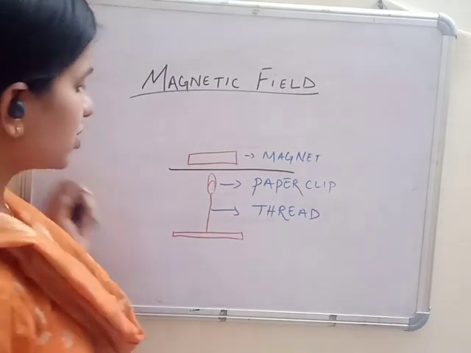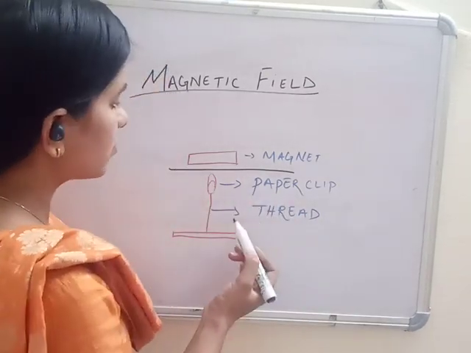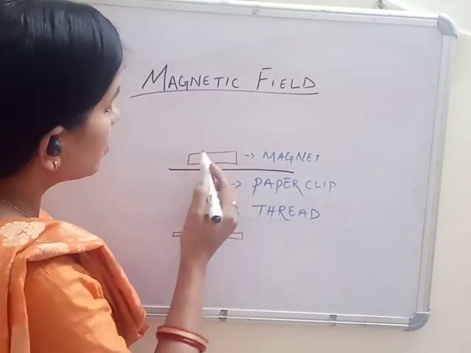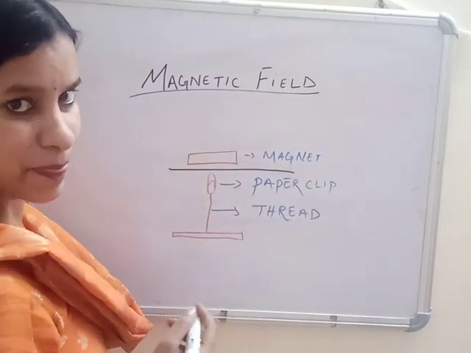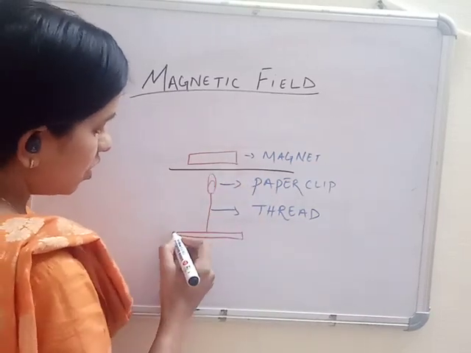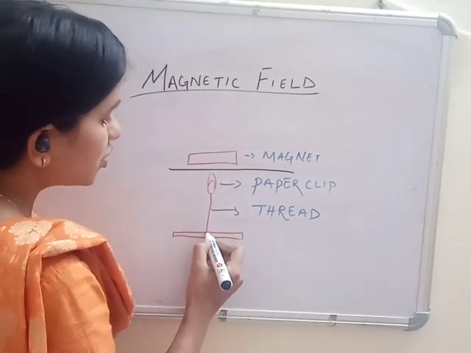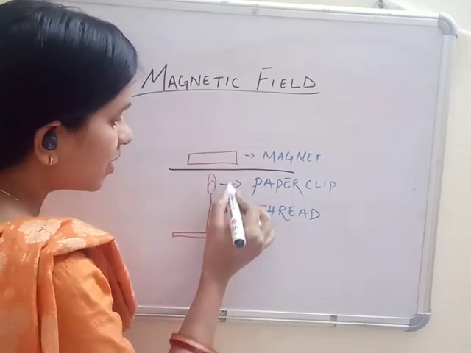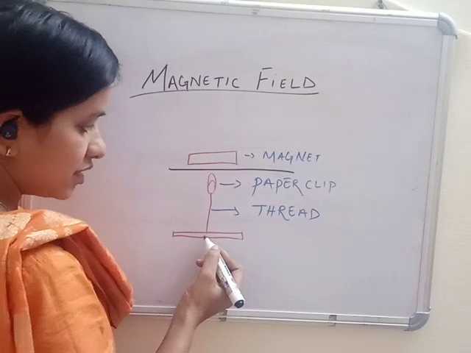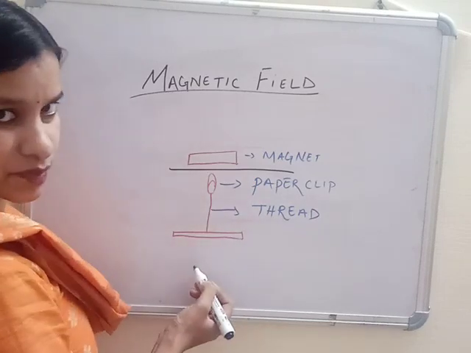Let's follow that. In this activity you can see a boundary or a separation, and above that a magnet is placed, and below that there is a cardboard where, with the help of a thread, a paper clip is attached, and that paper clip is directed upwards.